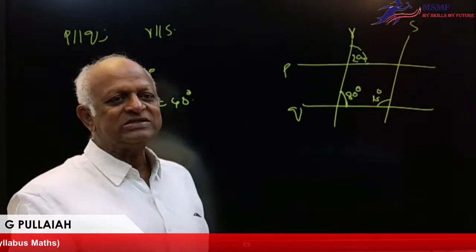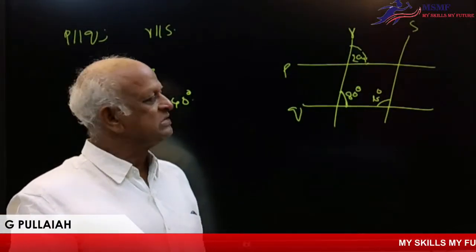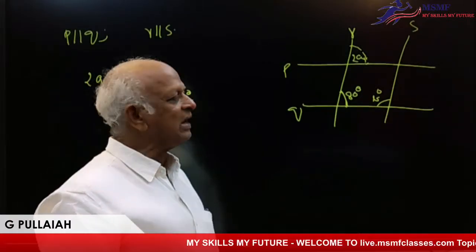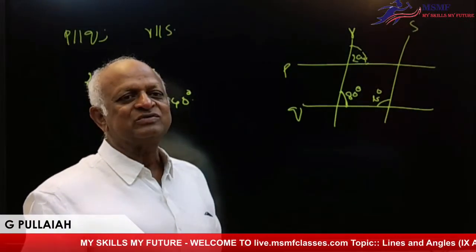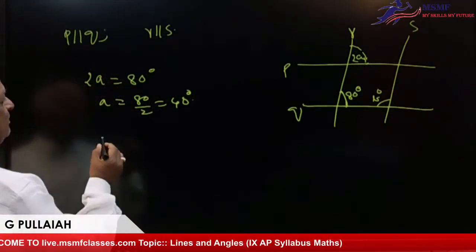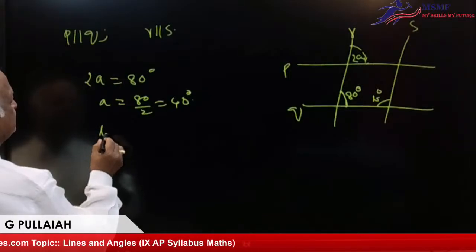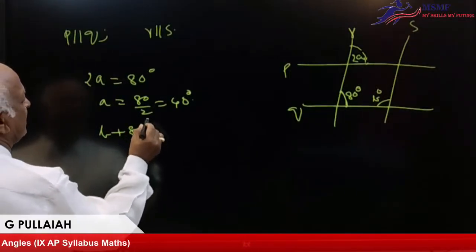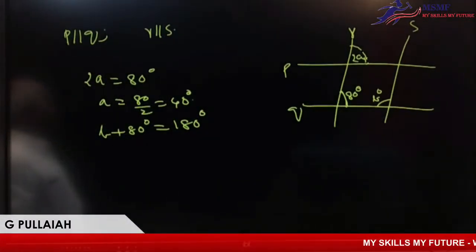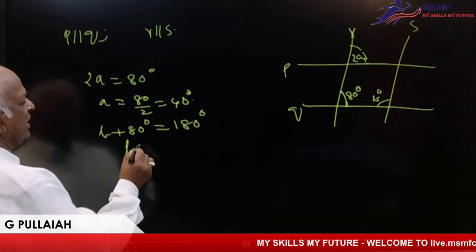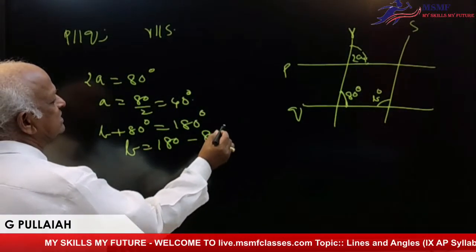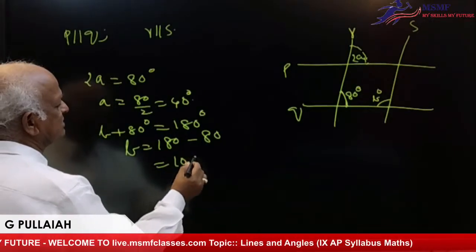The sum of the co-interior angles on the same side of the transversal is supplementary. So you can say angle B plus 80 degrees is 180 degrees. So now we can say angle B is equal to 180 degrees minus 80 degrees, nothing but 100.